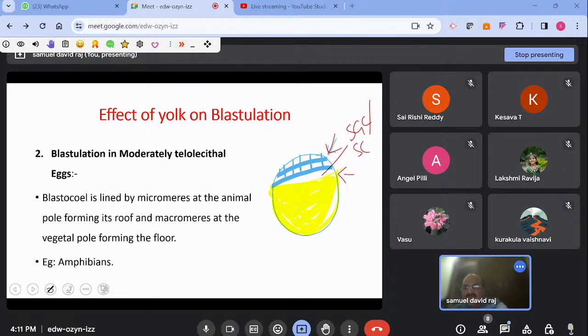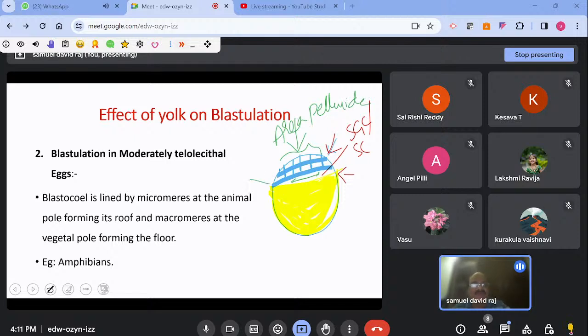And when you see from above, the central portion, because there is a cavity here, seems somewhat transparent. And this central portion is called the area pellucida.